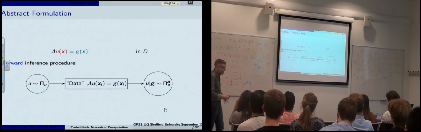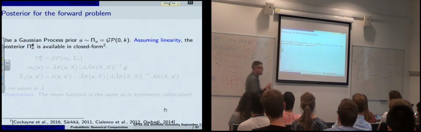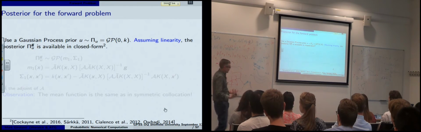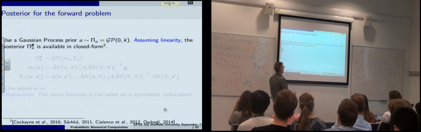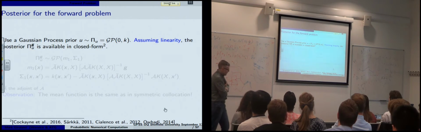Now, as this is a Gaussian process summer school, it would be remiss of me to use anything other than a Gaussian process for the prior measure over u.